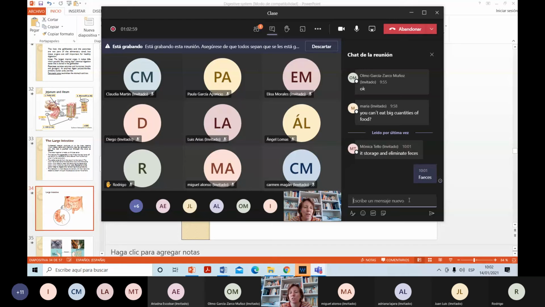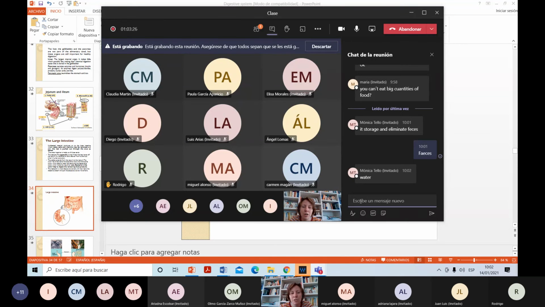But while we store them, the large intestine is going to go on with absorption. It doesn't have all the structures, all the villi and microvilli that the small intestine has. We don't have them in the large intestine, but the large intestine is going to absorb 3 important things. Any idea on the 3 things that are absorbed here in the large intestine?